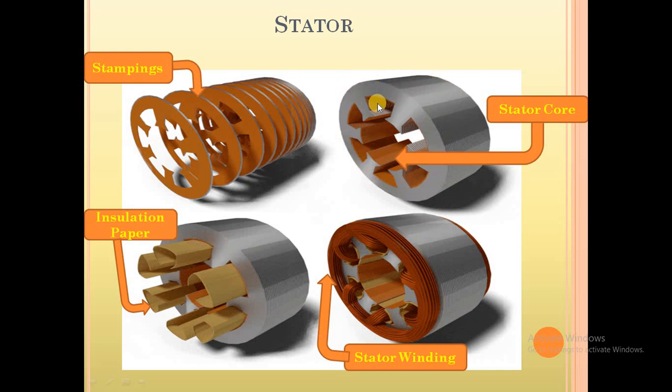Here slots are there: this one slot, second, third, fourth, fifth, sixth. So there are 6 slots and the teeth are there. In these slots the insulation paper is inserted, and after the insulation paper insertion the stator winding is done. The stator winding is done according to the number of poles, and the number of poles is taken as per the speed requirement. If we need a different speed, the poles are changed as per our requirement, and according to the poles the stator winding is also changed.